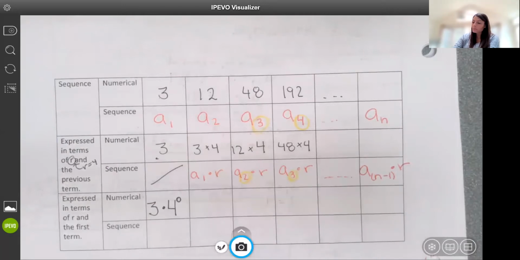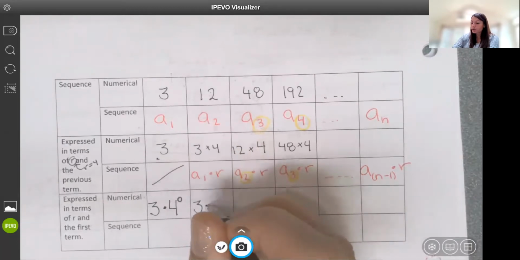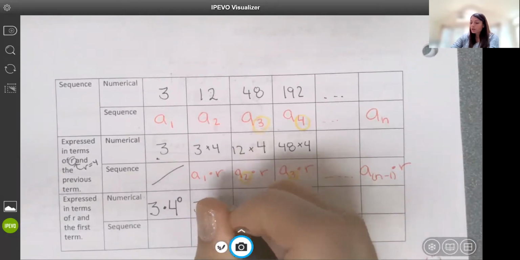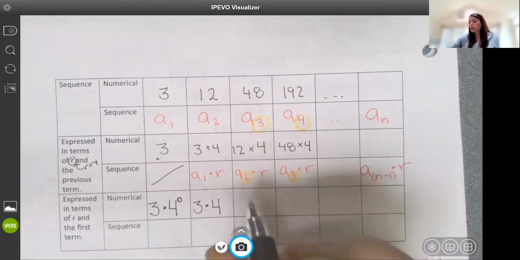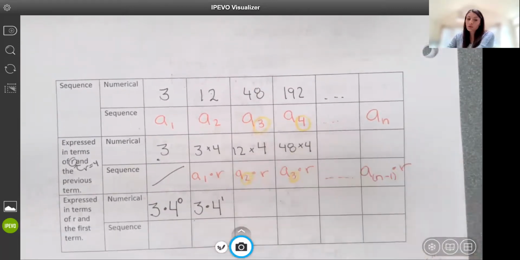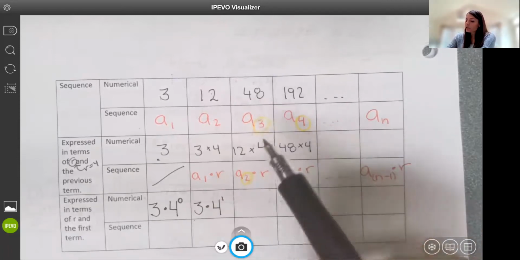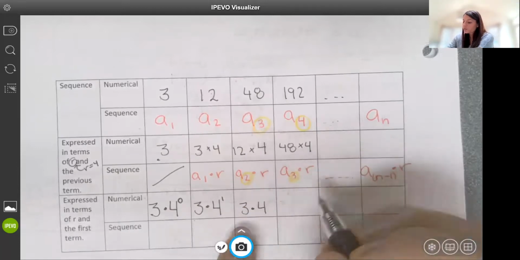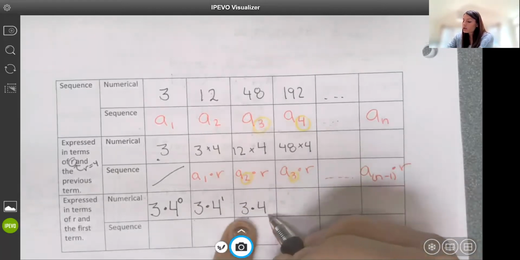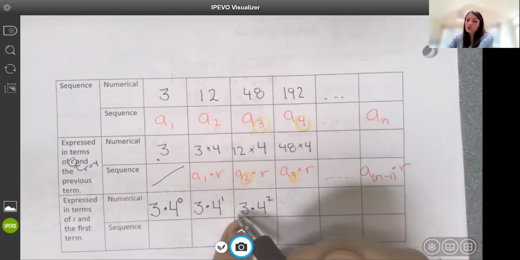If I want to write 12 in terms of the first term and my ratio, 12 is 3 times 4. So it's 3 times 4 to the first. If I want to write 48 in terms of my first term and my ratio, I'll have 4 squared, or 16, times my first term of 3.